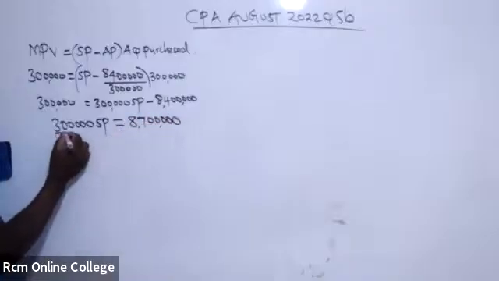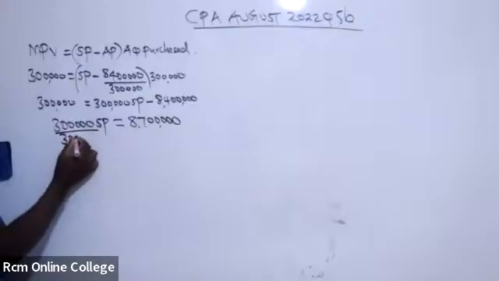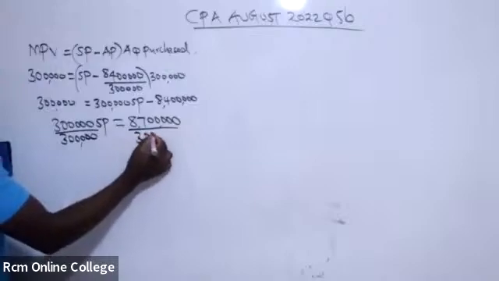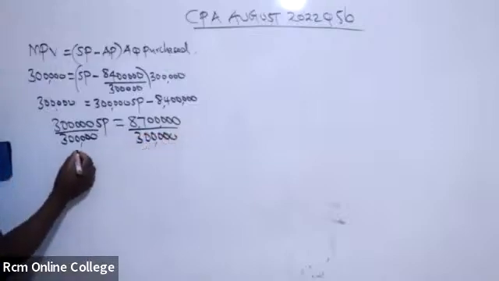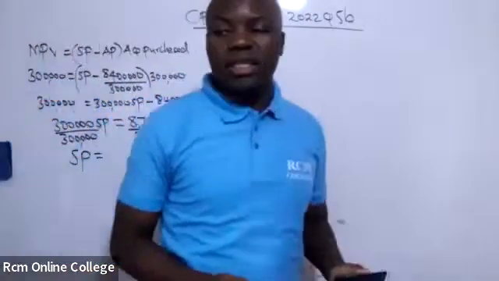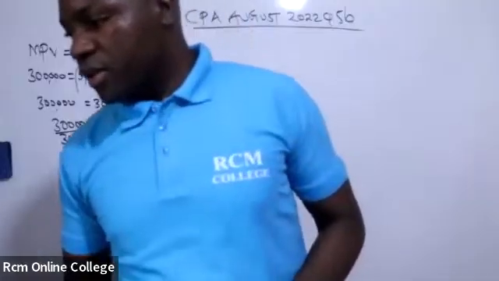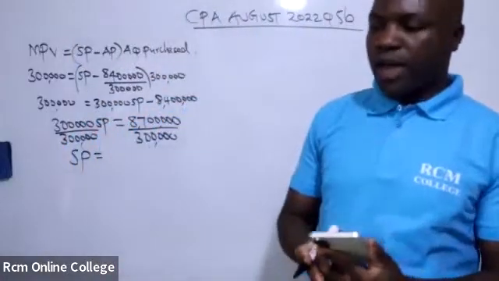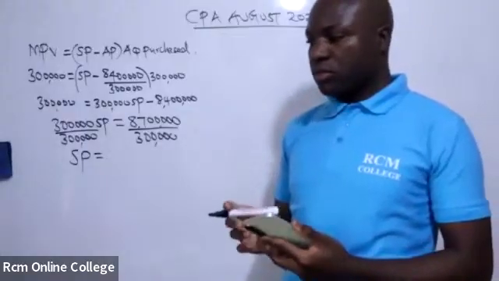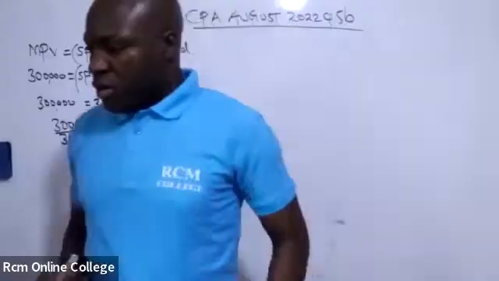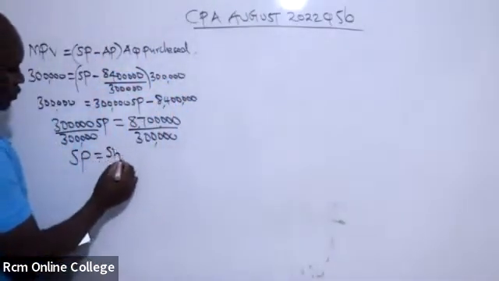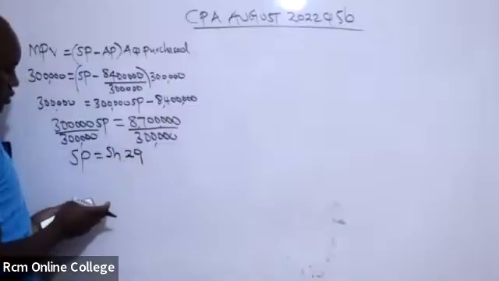Can we now divide by 300,000 here? What is the standard purchasing price of a kg of raw material? $29 shillings, right? So we go to shillings, 29.